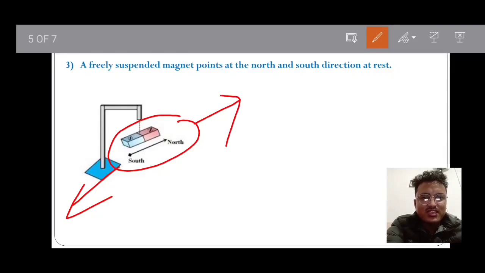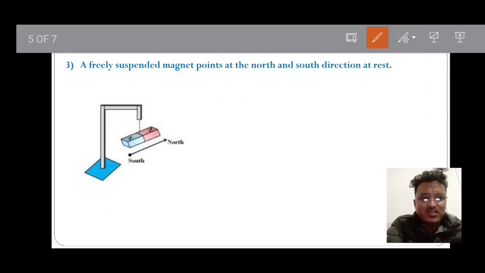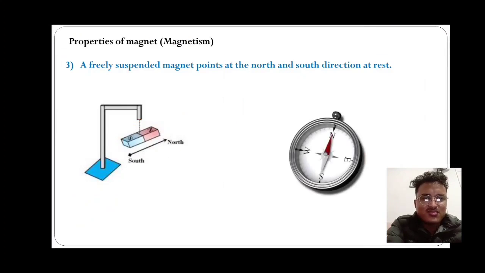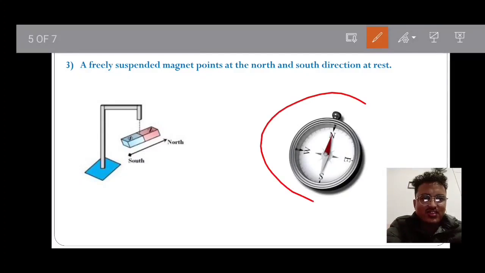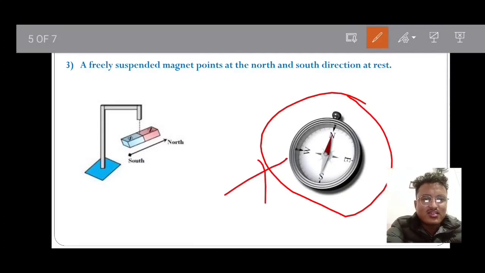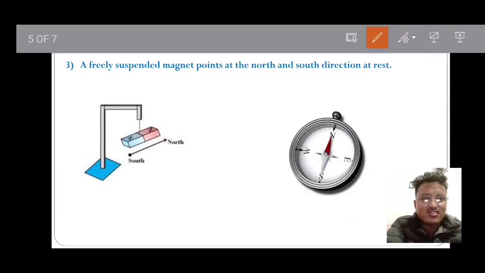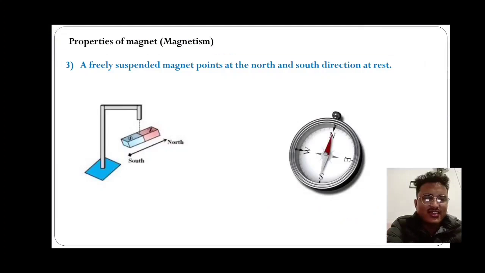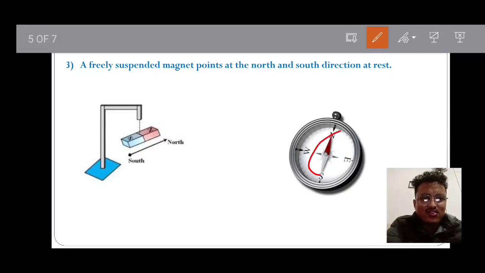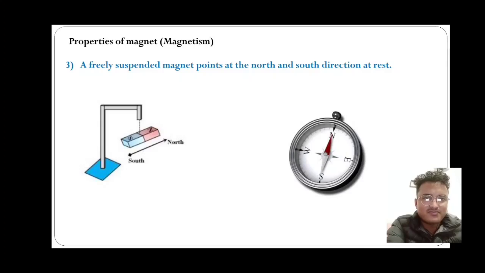This is the reason why people use compasses having magnets, because compasses are supposed to show us directions, and magnets help the compass determine the direction accurately, because magnets always come to rest in the north and south direction if freely suspended.